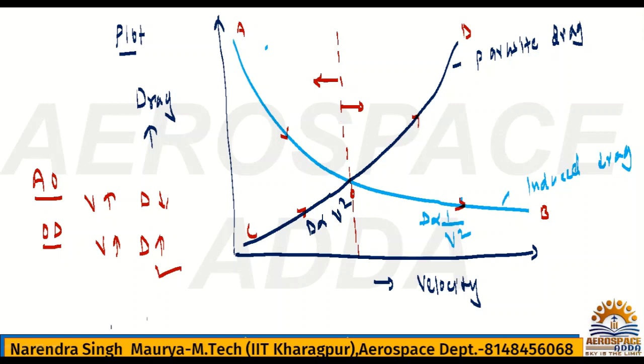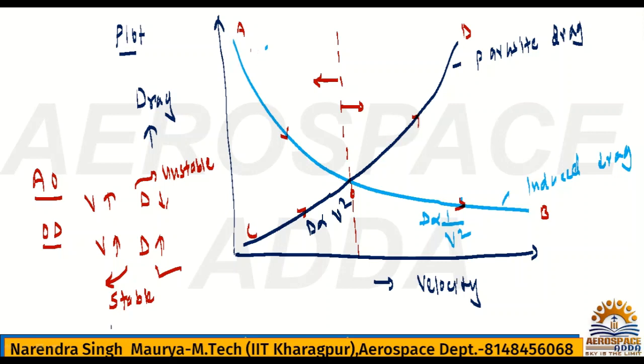Why is it called stability? This is stable, and this is unstable, right? Why? Because if velocity increases, then drag should increase. But in AO, velocity is increasing but drag is decreasing, which is not good for the aircraft. So it is unstable. This type of instability is called the region of velocity instability.